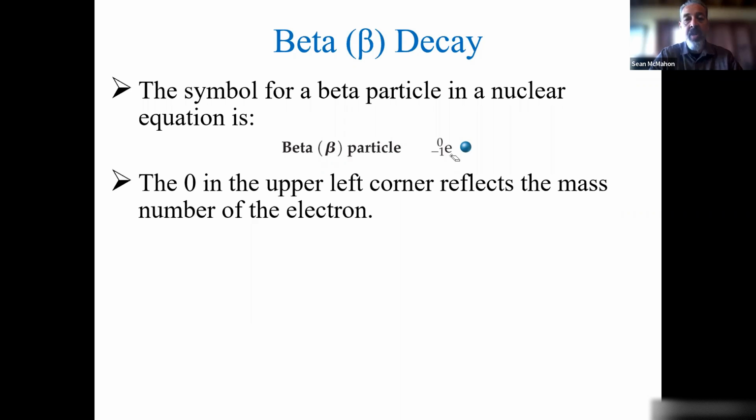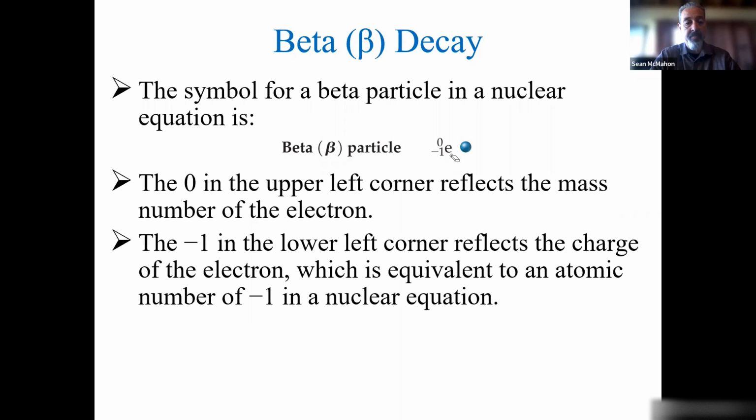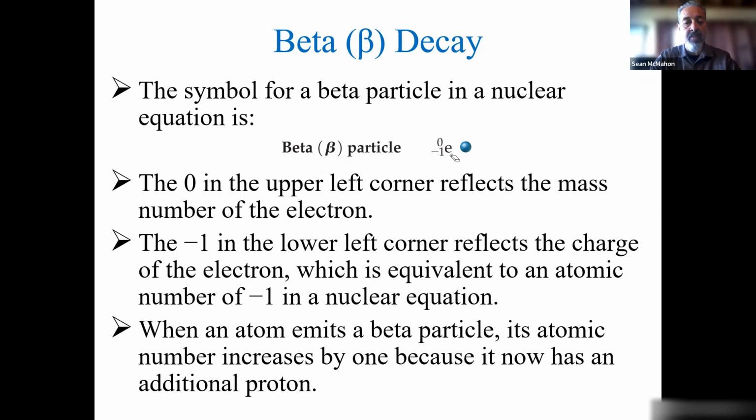It's like 1/2000, so we're not going to include that. But again, realize that the atomic number is going to change because of that -1. We're going to add a +1 to the atomic number of the new daughter nuclide because the neutron is converting to a proton. So the mass doesn't change, but the atomic number goes up 1.